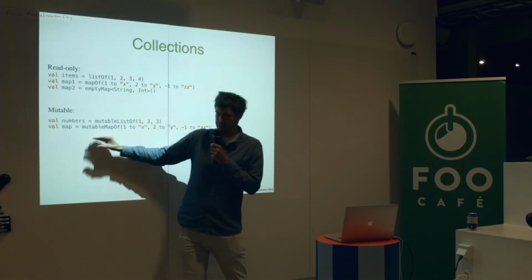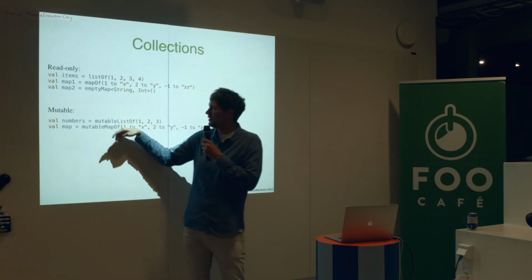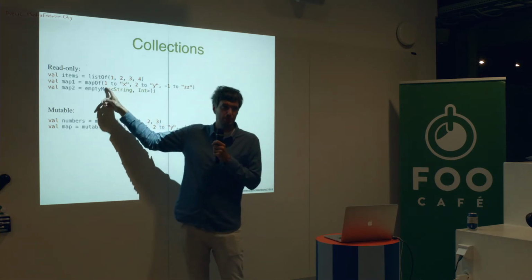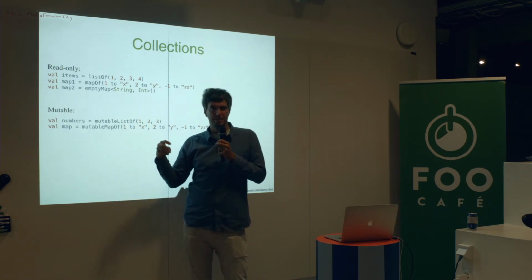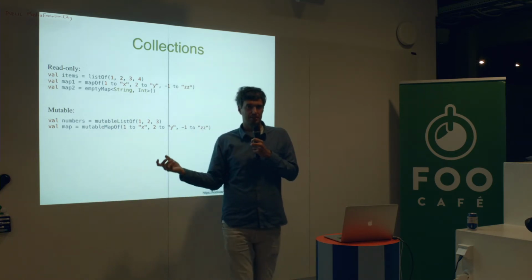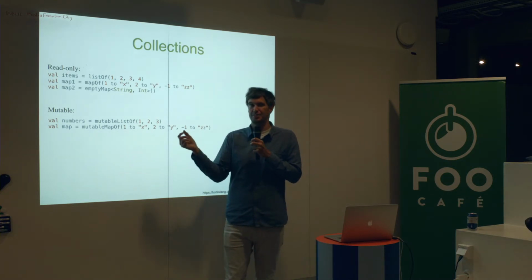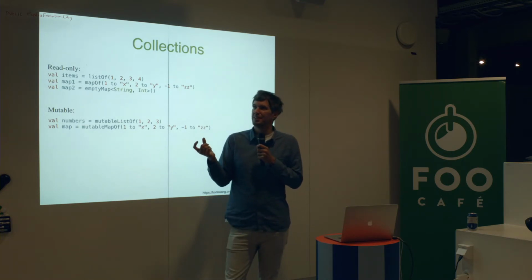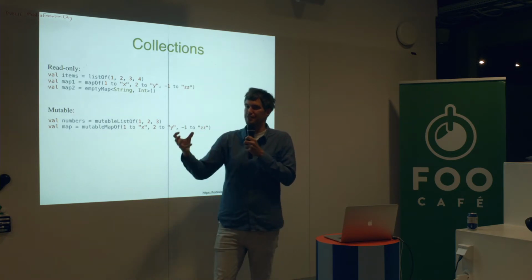But there is actually a third case which Kotlin does not cover, which is kind of what I was mumbling about before. Maybe you want the list to be immutable, not read-only. Maybe you want to have a list, but you want to be able to add to this list.